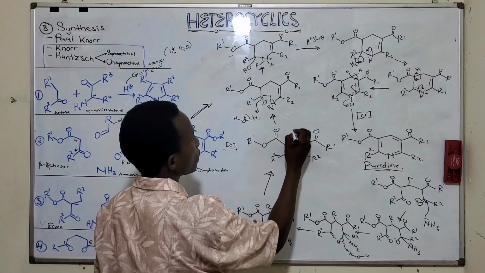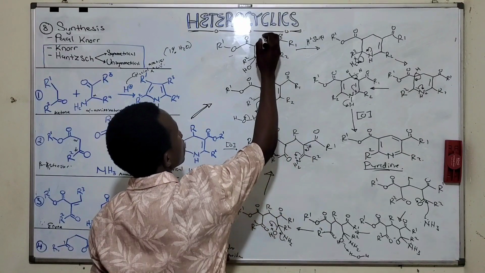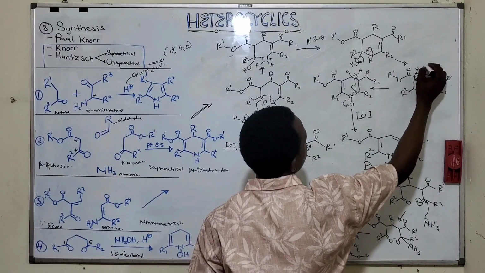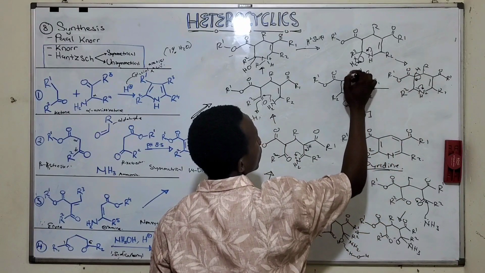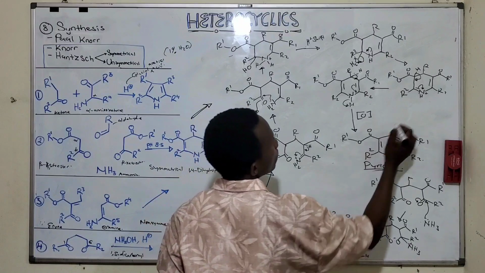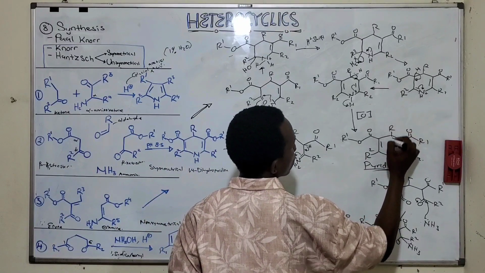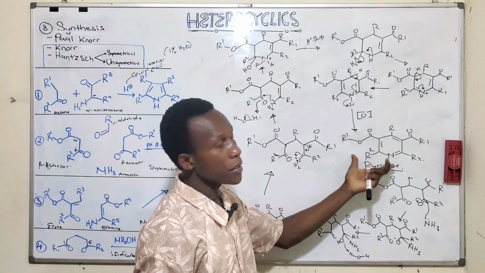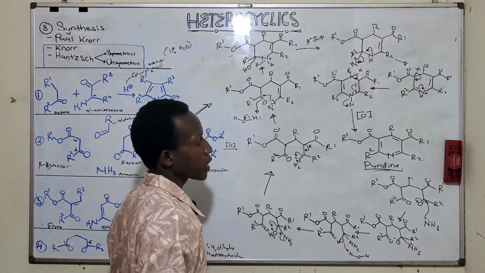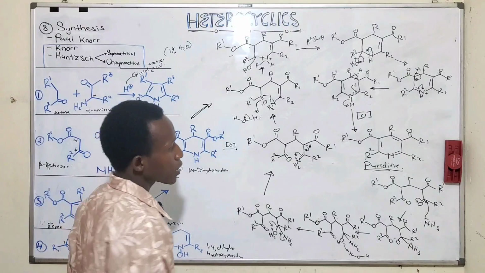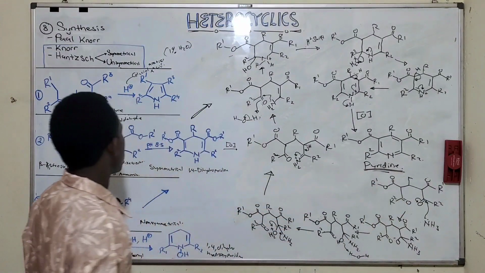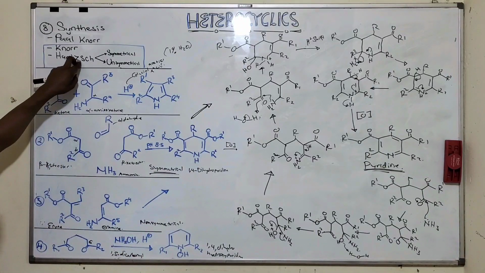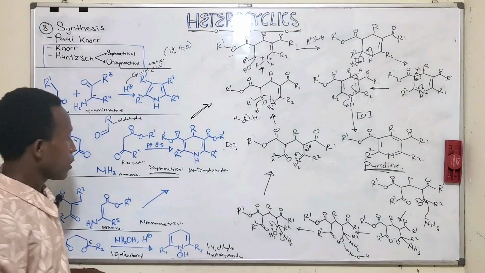It was present, so don't forget it. Meaning that here we had one hydrogen and an R group, so we remain with the R group. The R group can be a hydrogen, or any other substituent. So that's how pyridine is synthesized by the symmetrical method of the Hantzsch synthesis.